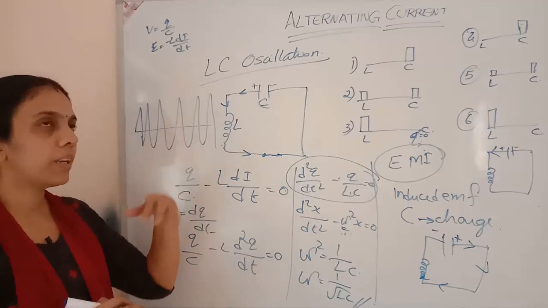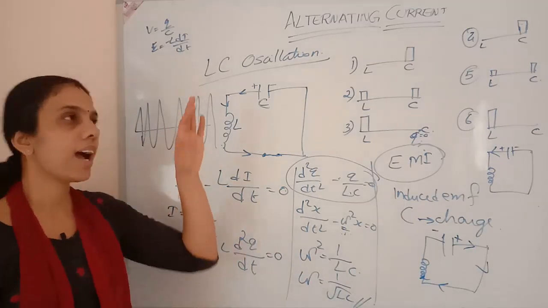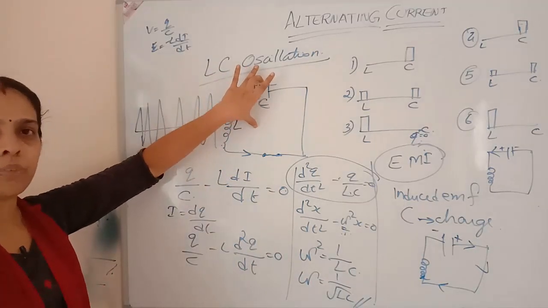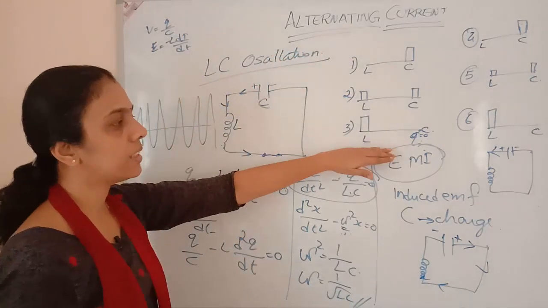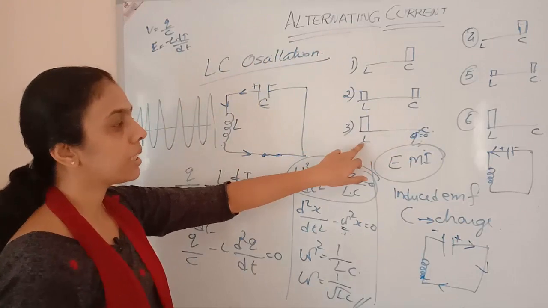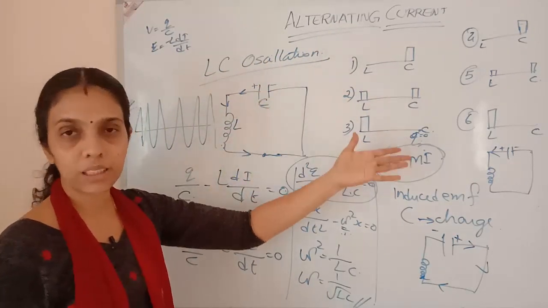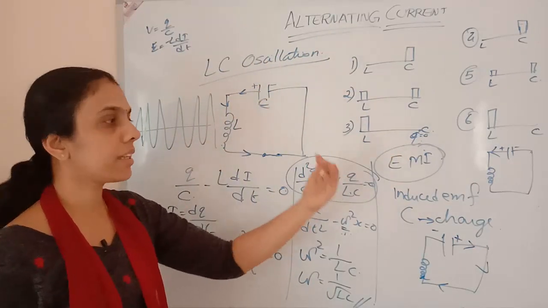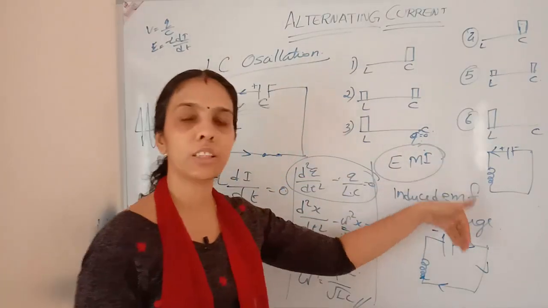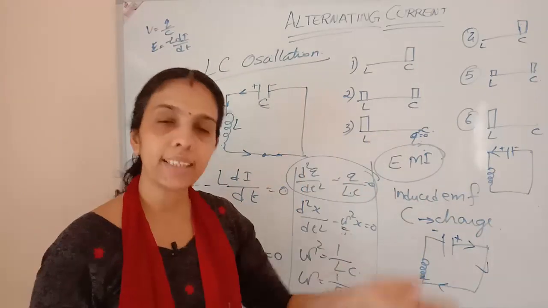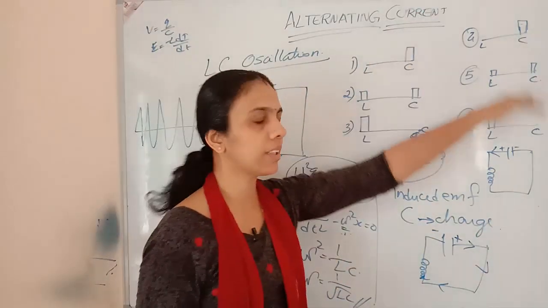While we are charging the capacitor and introducing it in the circuit, discharging will happen. After some time, the inductor will get the maximum charge. Again electromagnetic induction will happen, and that induced EMF will help the capacitor to charge, but the polarity is reversed and the process will continue.